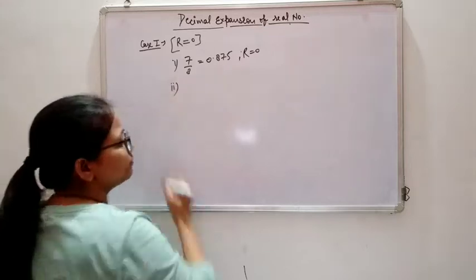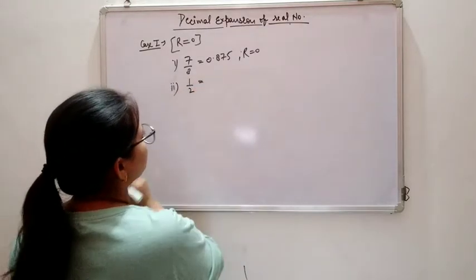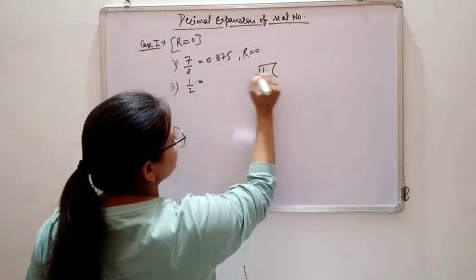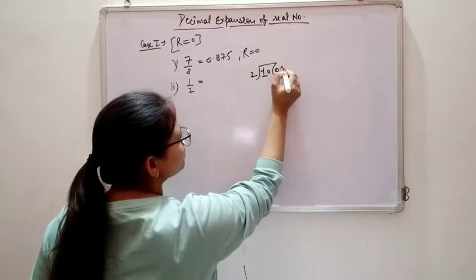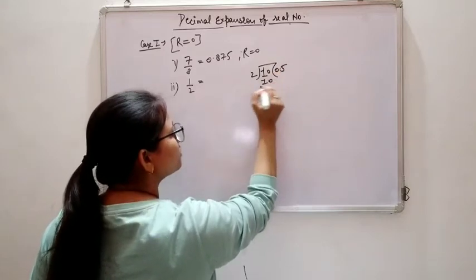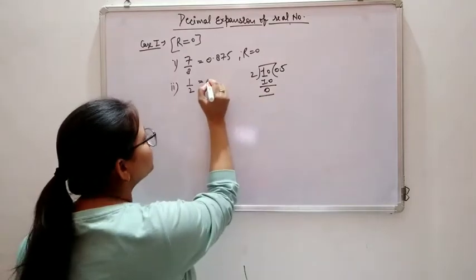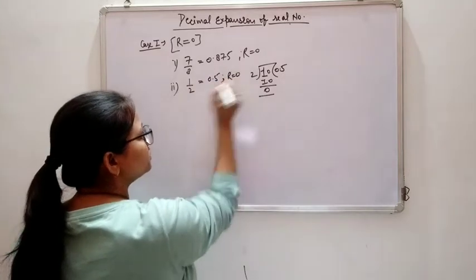Let's take another example like 1 upon 2. Now try to find out the decimal expansion of this. What will it be? 0.5, and the remainder will be 0.